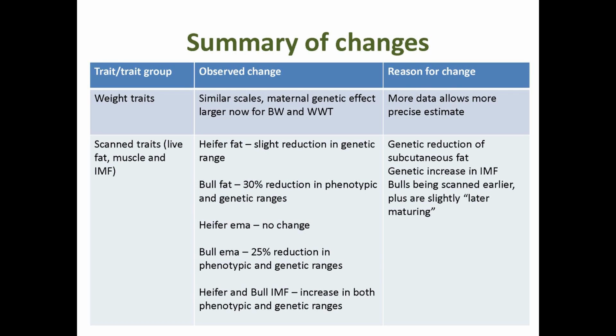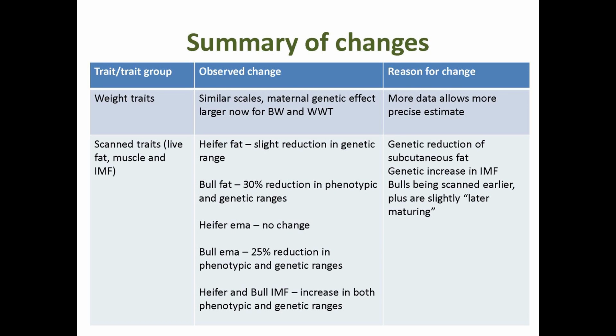The bull effect, the reduction in both the observed and the genetic range in bulls is, I think, probably due to two factors coming together. One is people are scanning bulls a bit earlier than they used to, a bit younger, so they're not as developed as they used to be, and also the cattle are generally becoming a little bit later maturing. That's partly why there's some reduction in fatness in the heifers, and I think there's the same or possibly a bit more observed in the bulls.